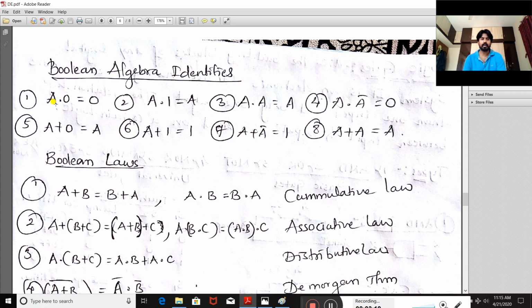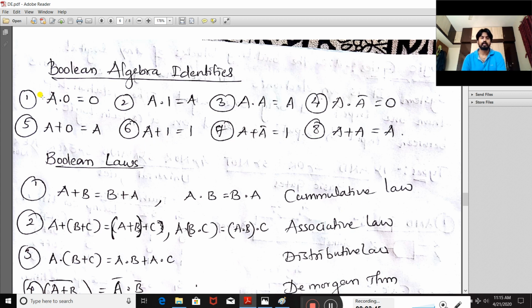And this A may be 0 or it may be 1, that means logical 0 or logical 1. These things we need to clear first.